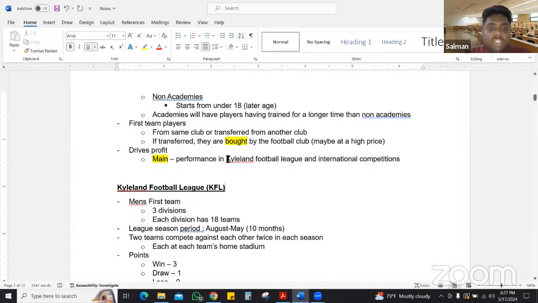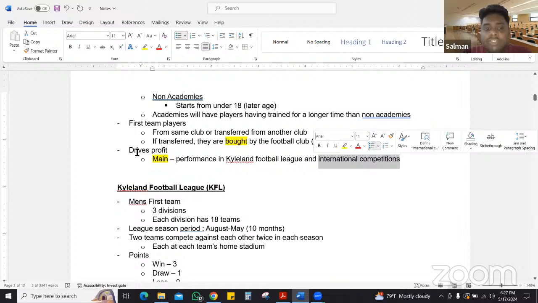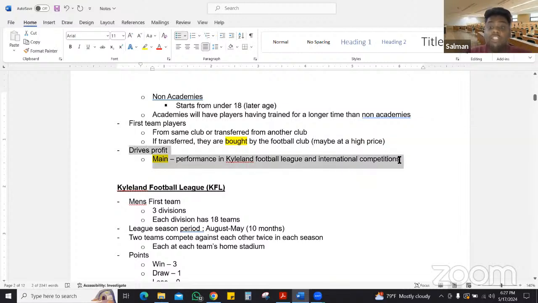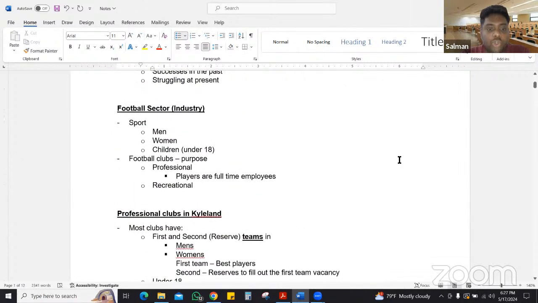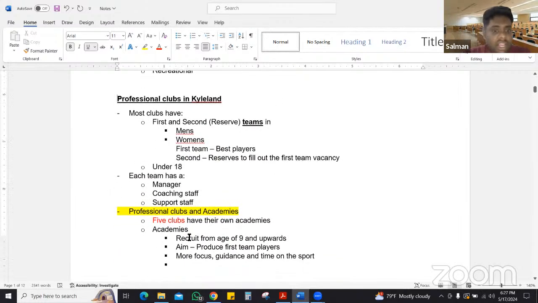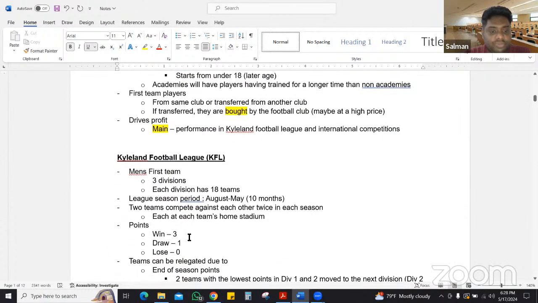Here they are speaking about the Thailand Football League. Thailand is the country, so it's the country football competition as well as international competitions. A company will make profit based on their performance in these competitions. Later, there's a section where we discuss how the company gains profit from these competitions. So this gives you an overview of the football club's organizational structure, the constitution, as well as what they do.